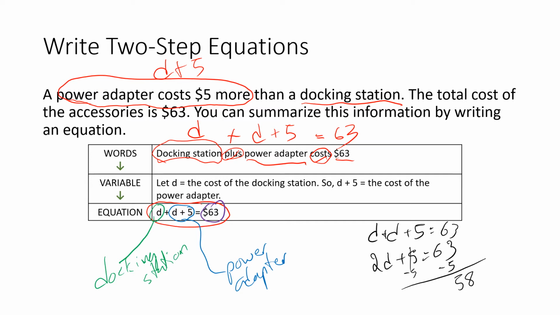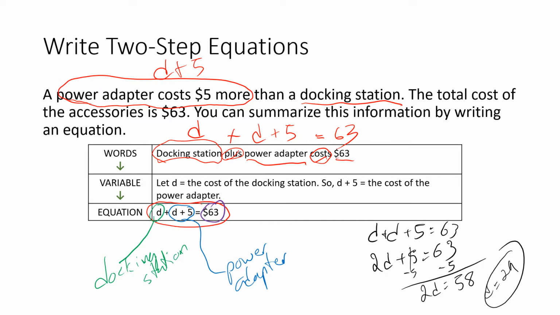And those cancel out, so we have 2D. And 58 divided by 2 is 29. So D equals 29. All right, so that's how we do that.